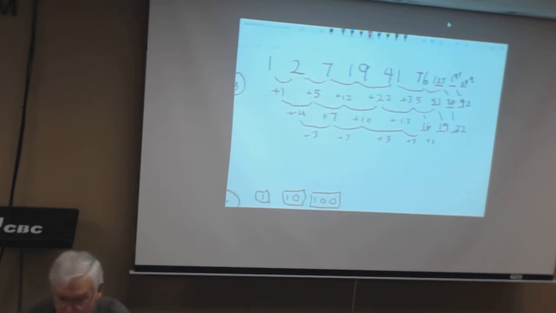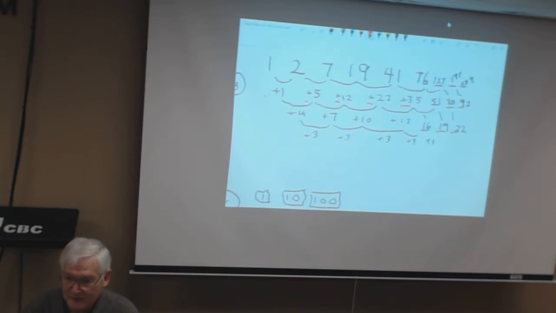Everybody see that? How did I get from 2 to 7? By adding 5. How did I get from 7 to 19? By adding 12. How did I get from 19 to 41? By adding 22. How did I get from 41 to 76? By adding 35.